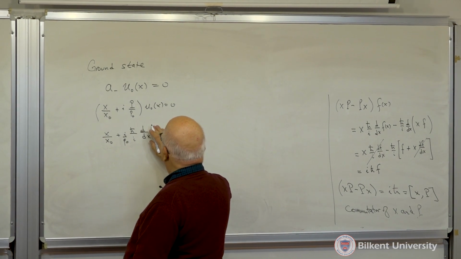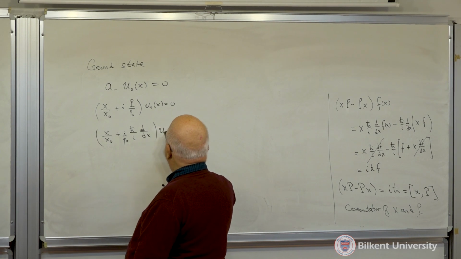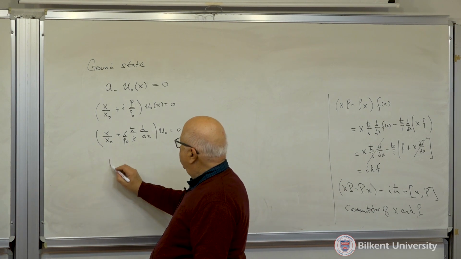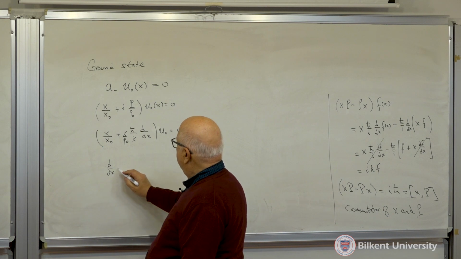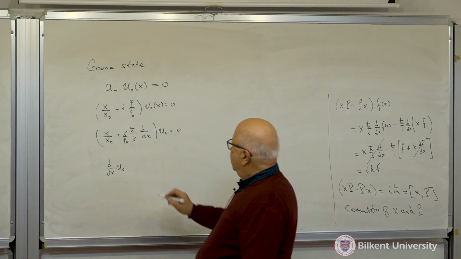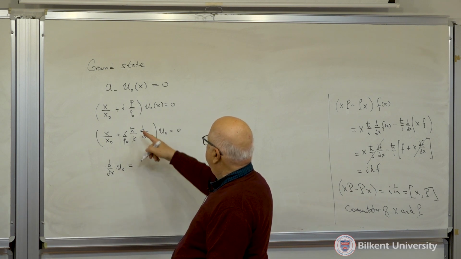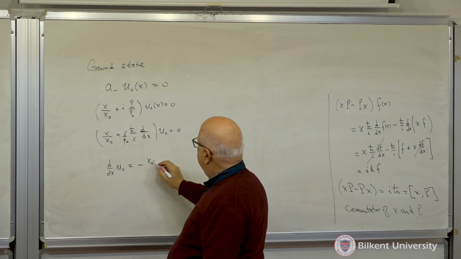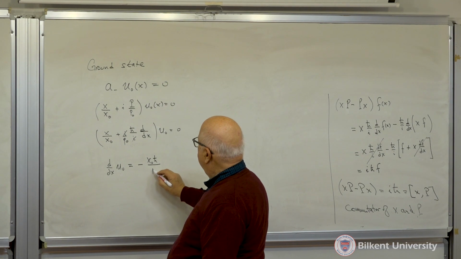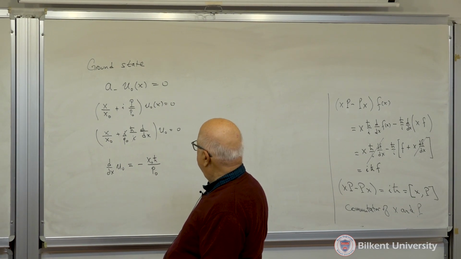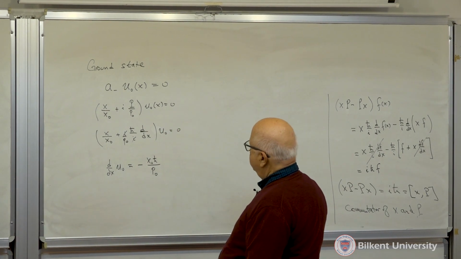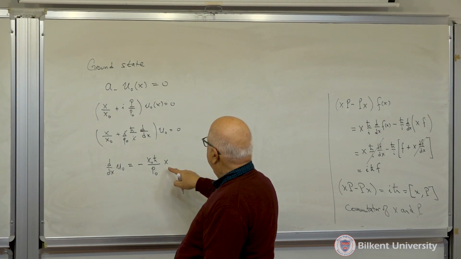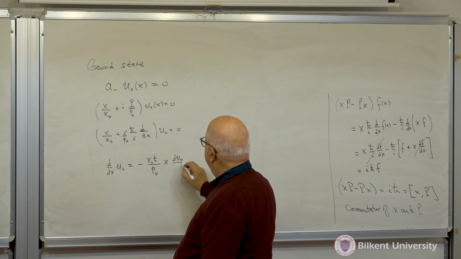The i's cancel, and I have d dx u0 is equal to, please check my algebra, there's going to be a minus x0 h bar over p0, times x times u0.